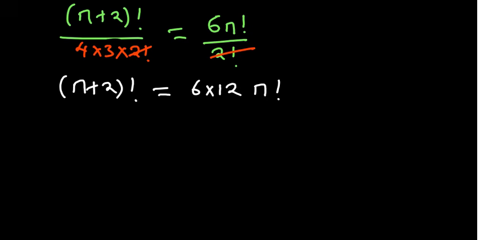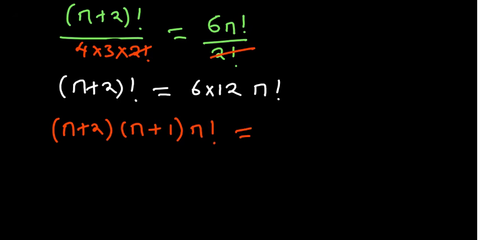So which one is bigger between n factorial and n plus 2 factorial? I believe n plus 2 is bigger, so we'll reduce it. It will be n plus 2 times n plus 1. Again we have to reduce it, so from n plus 1, it will just be n factorial.